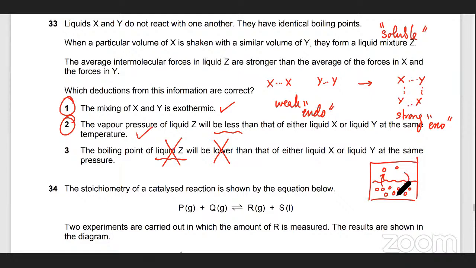And if the intermolecular forces are weak, then the amount of vapor produced is going to be a lot more, and the vapor pressure is going to be higher. What else affects vapor pressure? Temperature affects vapor pressure. If you increase temperature, there's going to be a lot more vapor, and a lot more vapor pressure. Okay, that's another thing that's going to affect vapor pressure. So just a little bit of an idea of what vapor pressure is.